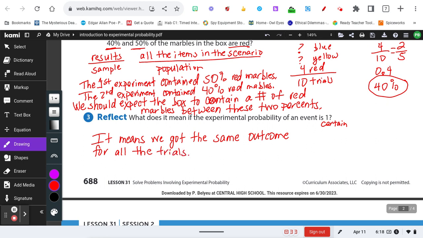Like if you kept getting a red marble over and over, that would have a probability of 1, because it seems like the only color in there is red if all you pull is red. Or if you keep getting yellow over and over and that's all you get, then that experimental probability would be 1, and you would think the only color in there would be yellow. There might be some other color in there, but during an experiment, if all we pull is one certain thing, then we think that's all we have, which is a probability of 1.